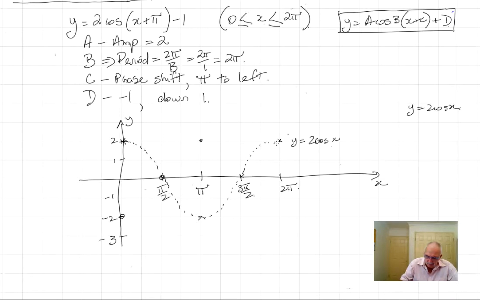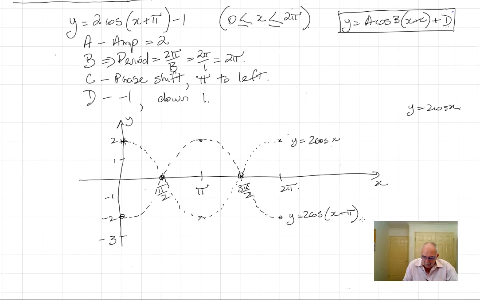And because it has still got the same period, it's going to come back down there and go over to there. So that's y equals 2 cos(x + pi). So it's going to look like that.